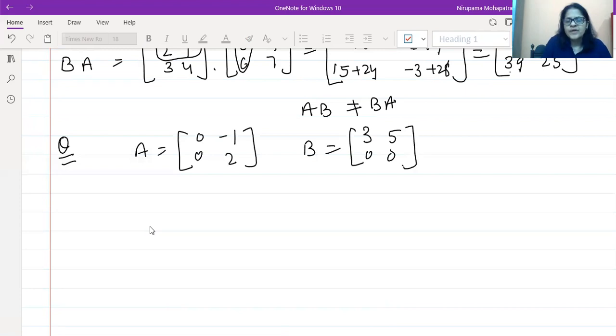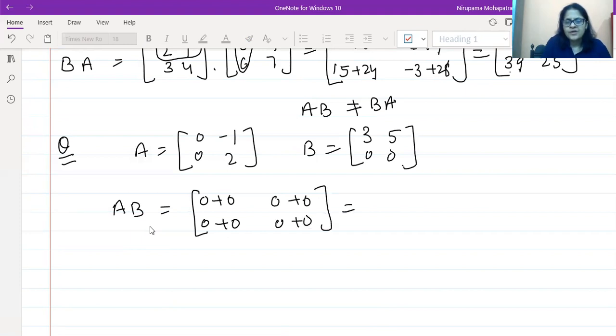So let us take A into B matrix and check it. 0 into 3, 0, minus 1 into 0, 0. Okay, R1C2 0, R2C1 0, R2C2 0.